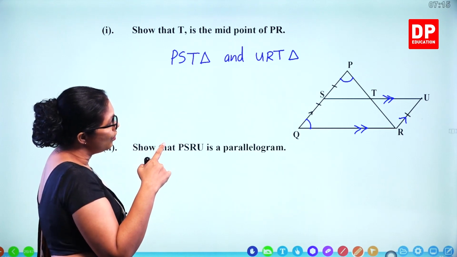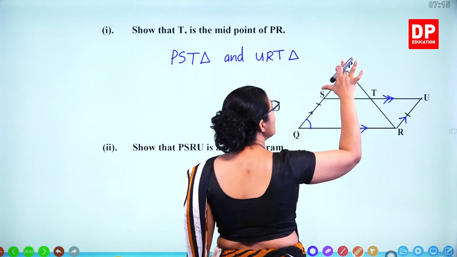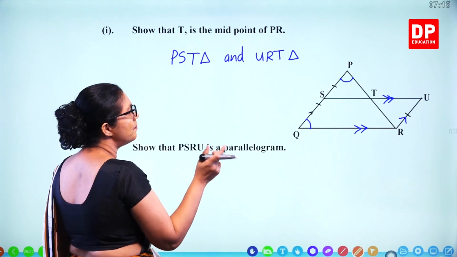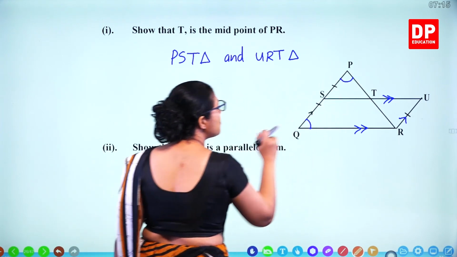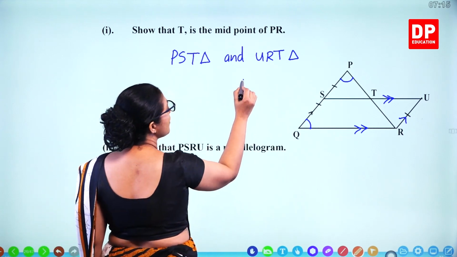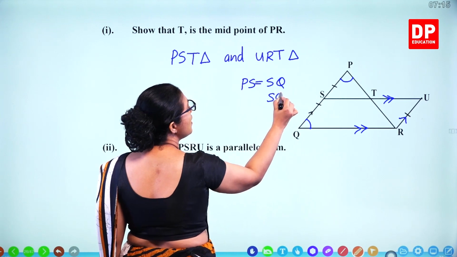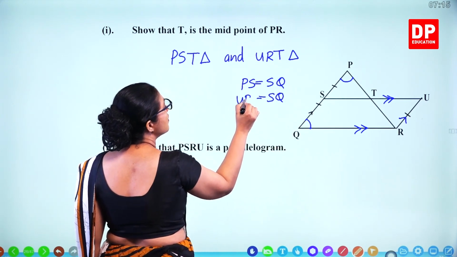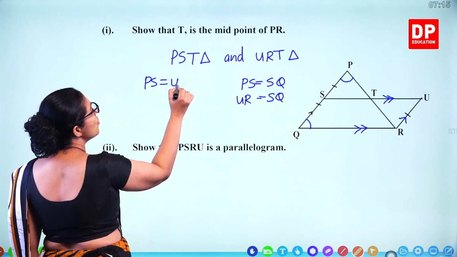We know this length is equal to this one, the same length, because S is the midpoint. So you can write PS is equal to SQ, SQ is equal to UR. So therefore, PS is equal to UR.